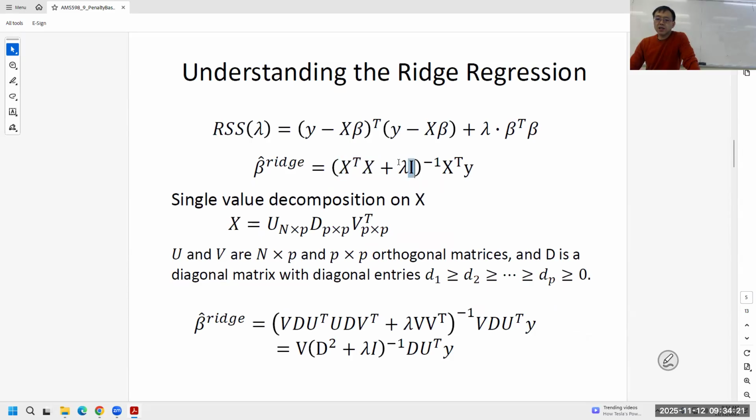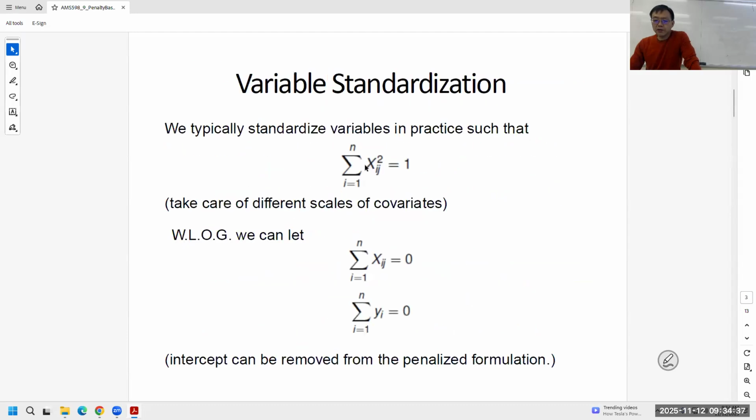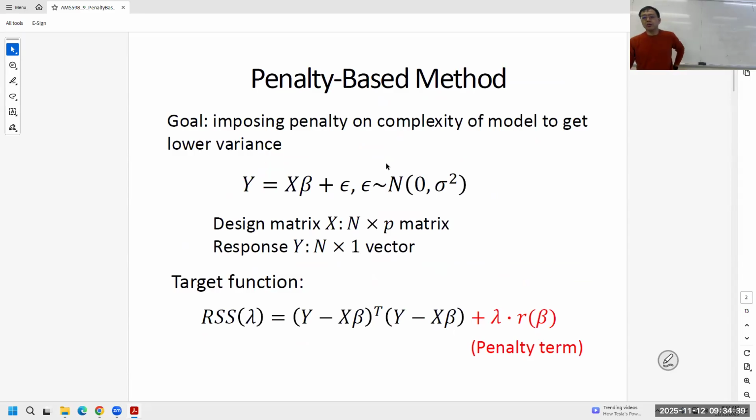So to make that more stable, we add a diagonal term to this X transpose X to make it non-singular. So originally, people developed things like ridge for the reason of numerical stability.